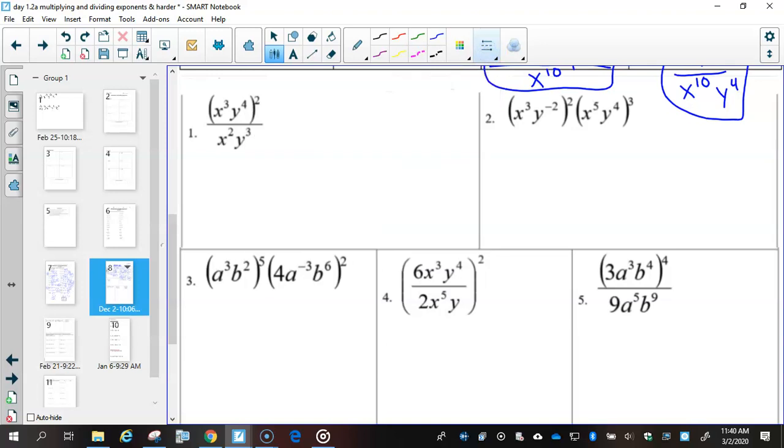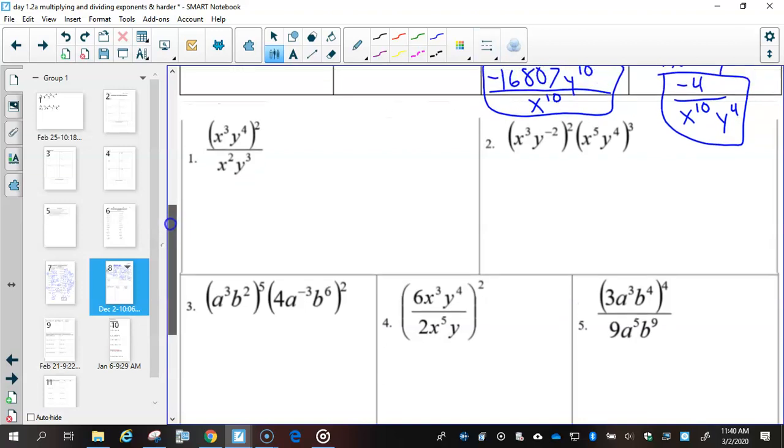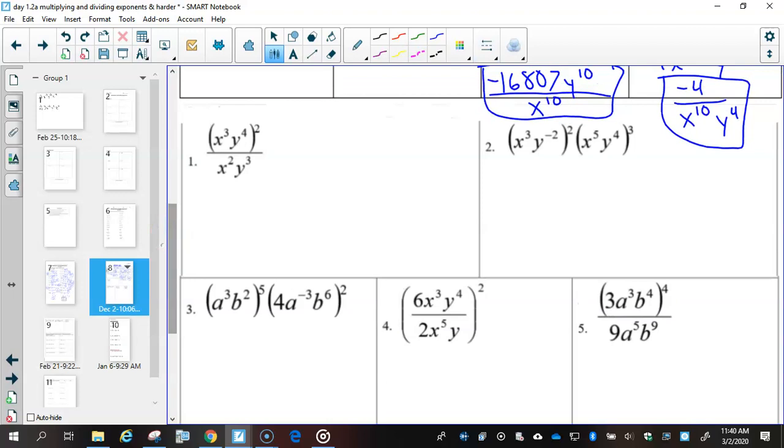Right? So these are more of the same type of examples, but now there's a lot more going on. So we just have to be careful, pay attention to what's happening, and remember all of our rules. So for number 1, what do you see happening? There's parentheses.